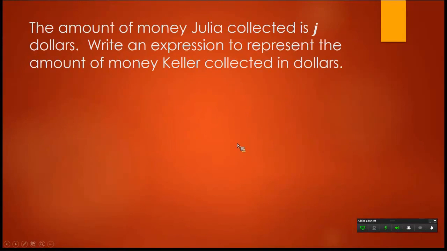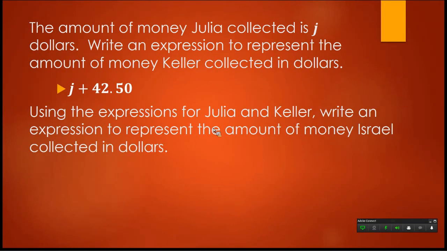The amount of money Julia collected is j dollars. Write an expression to represent the amount of money Keller collected in dollars. Well, j plus 42.50. Using the expressions for Julia and Keller, write an expression to represent the amount of money Israel collected in dollars.